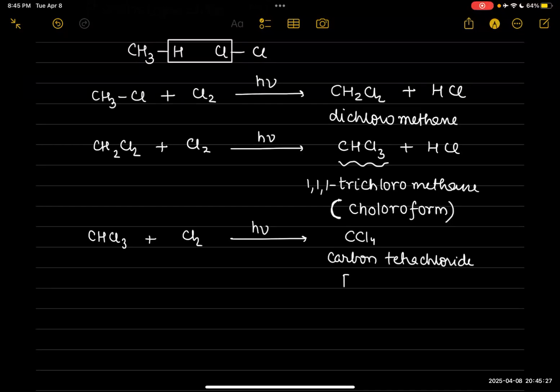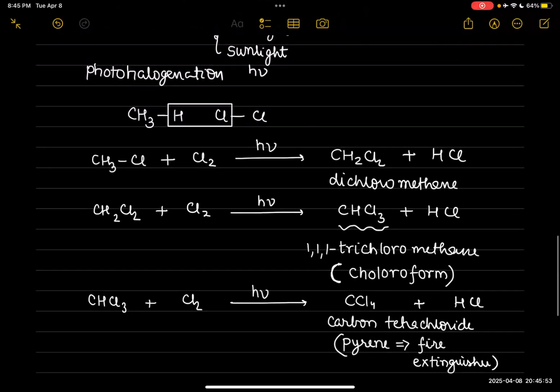It is also known as pyrene, common name, and it is used as a fire extinguisher. It is given in NCERT. I hope this is clear. That is how you carry out chlorination one by one.